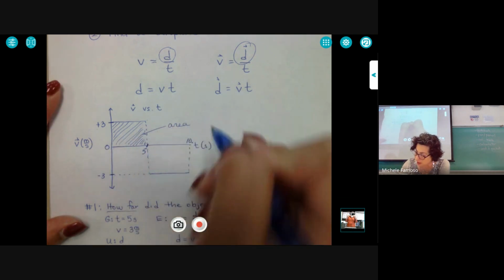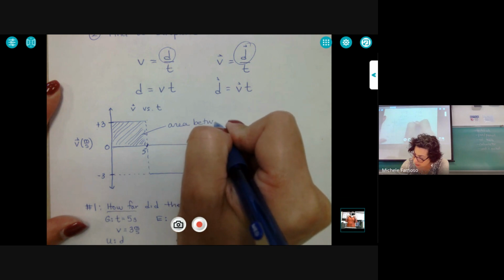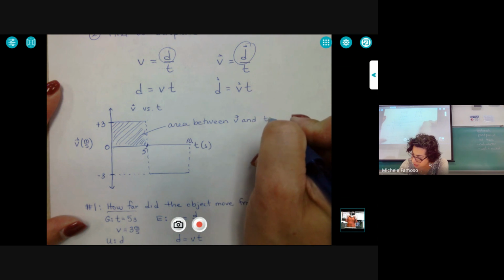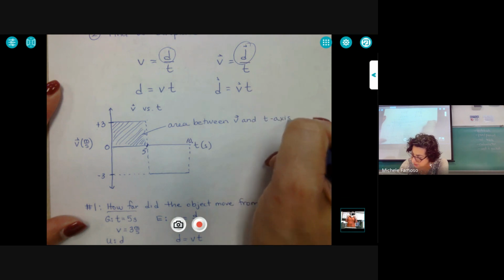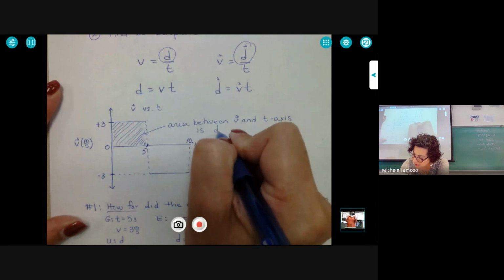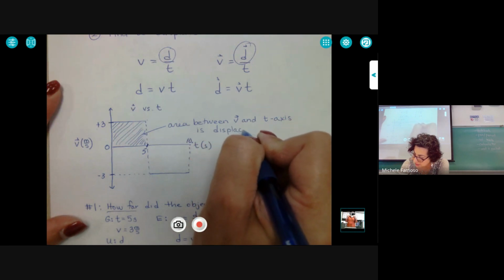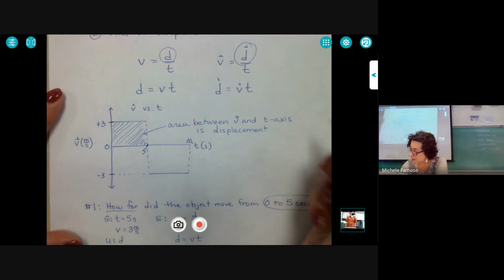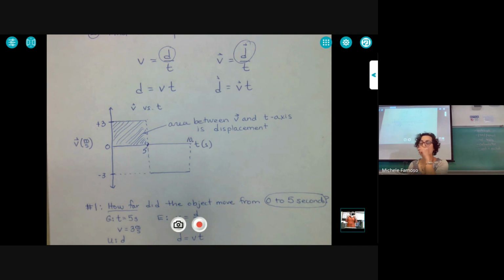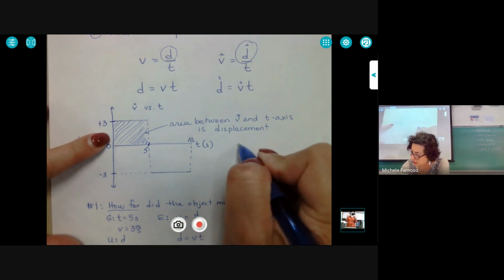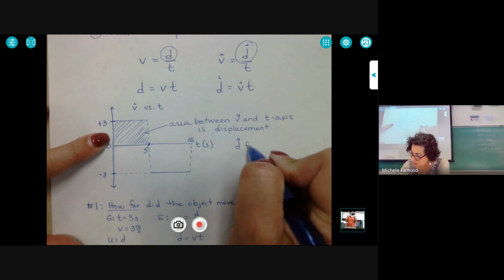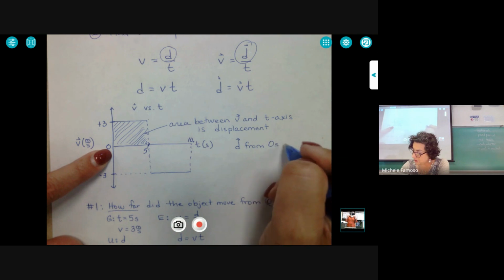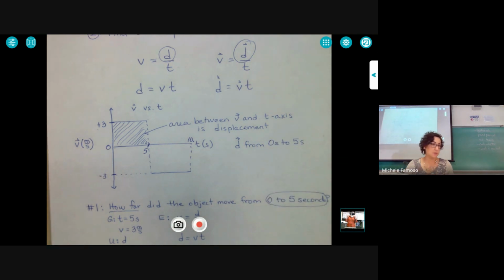So the area between the velocity and time axis is displacement. That's the displacement. And this particular shaded area, that one I just shaded in, that is the displacement from this time to that time. 0 seconds to 5 seconds.